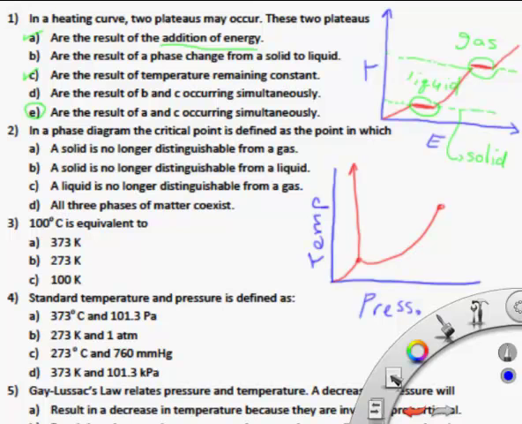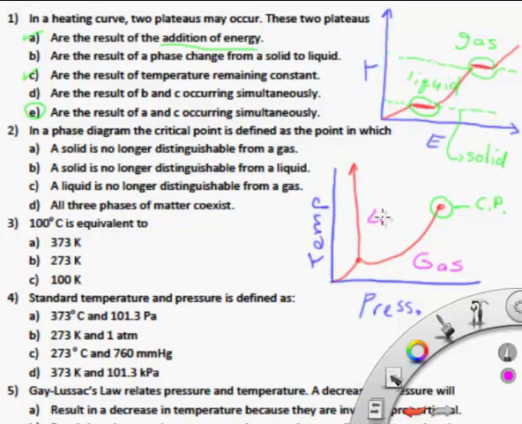The question here is assessing the critical point. This is the critical point. All right. What's happening there? Well, as you may recall, this is the gaseous phase.